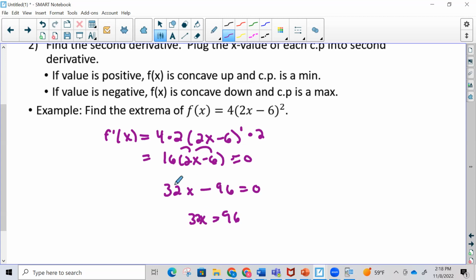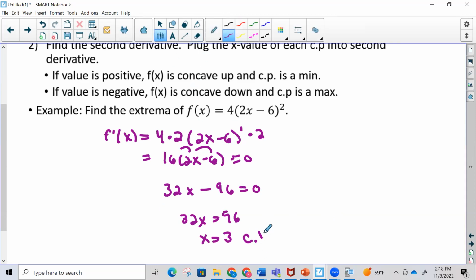It should be 32. Okay, so 96 divided by 32 is 3. So that's my only critical point, or critical number, critical value, because we just have the x value.